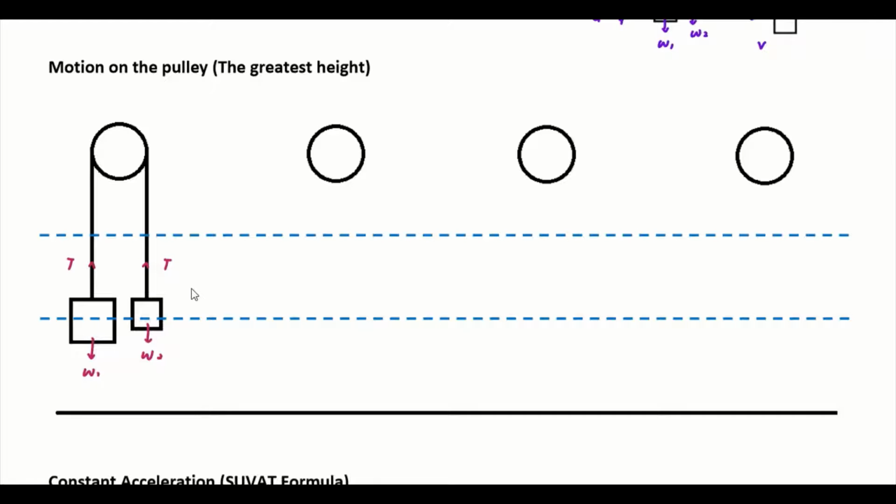Because this particle has a larger mass, we know that the string will move in this direction later. So this particle will be moving downwards, and we denote it as positive going down.